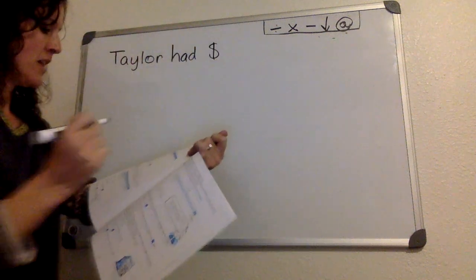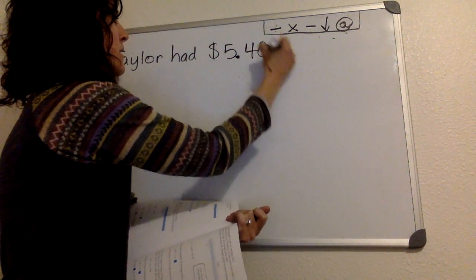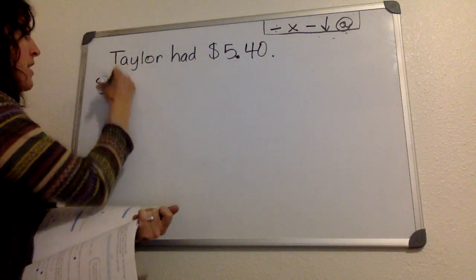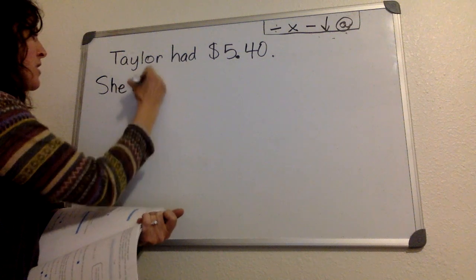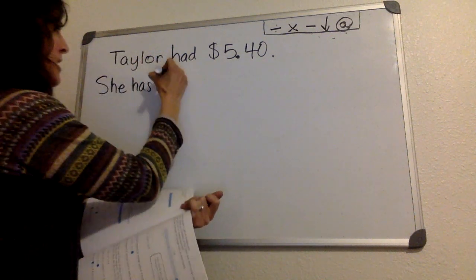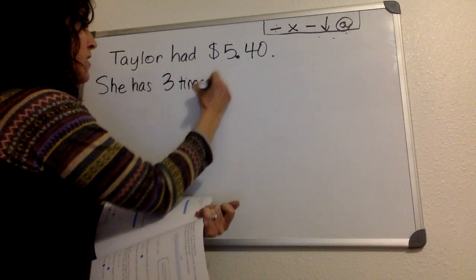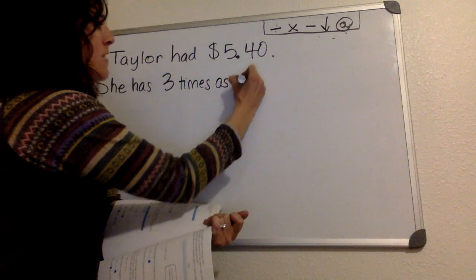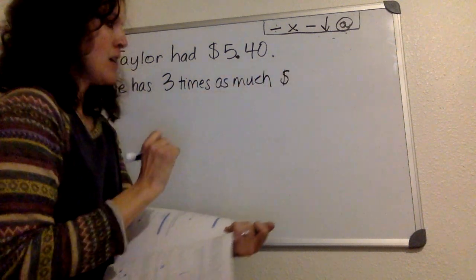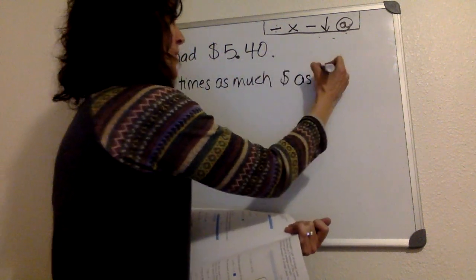So Taylor had $5.40. Taylor has 3 times as much money as Bonita. I'm just going to put a dollar sign for money right now to save time.